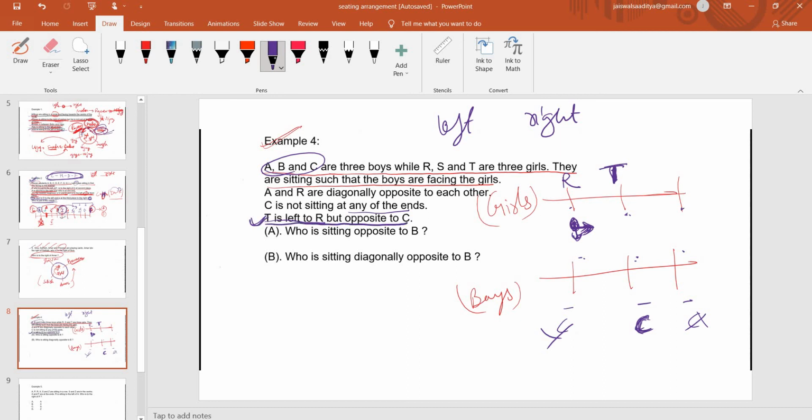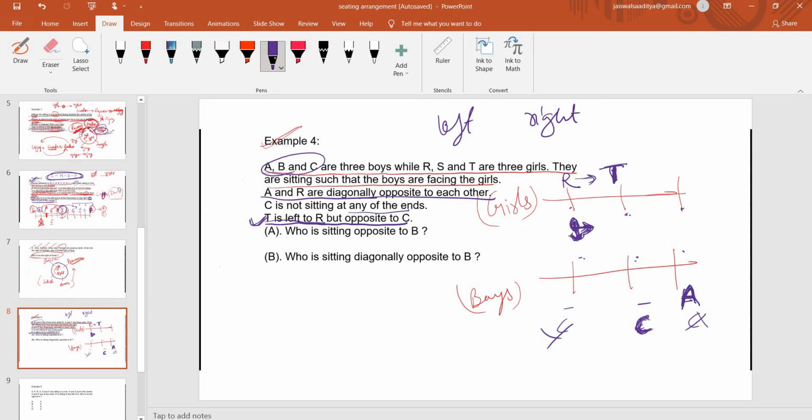See, T is to the left of R. Why? Because your head is pointing downwards. And opposite to C. Now, if R is here, then since A and R are diagonally opposite to each other, A is going to be here.